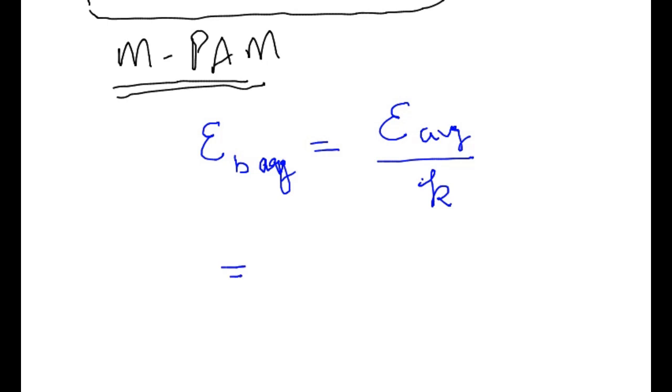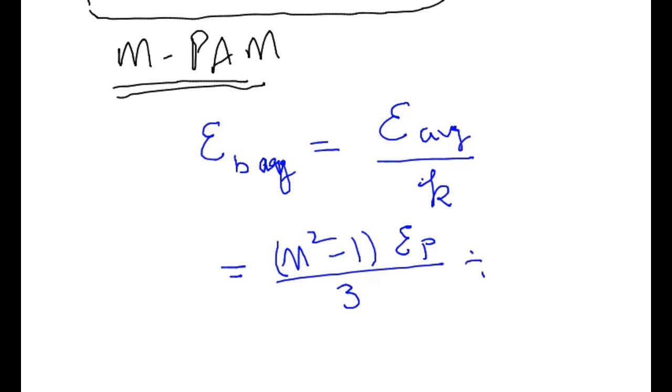You already know the average symbol energy, M square minus 1 times E_p over 3. If you divide this by k, or instead of k let me write log of M to the base 2, what do you get?